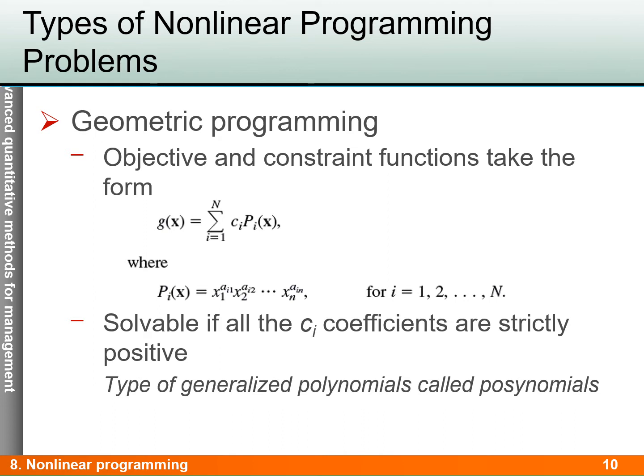In such cases, the ci and aij typically represent physical constants, and obviously the xj are design variables.